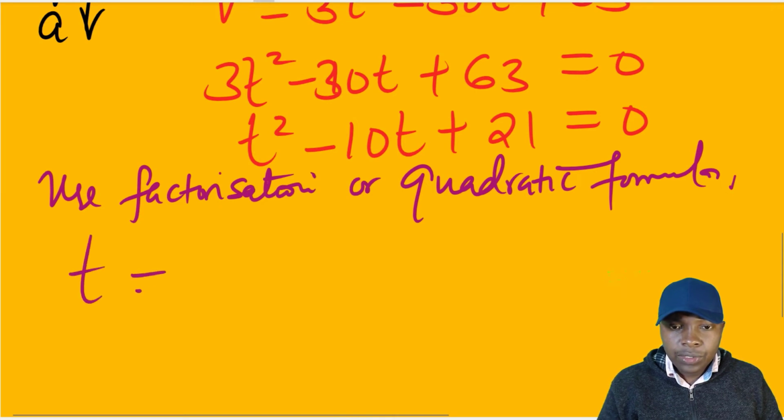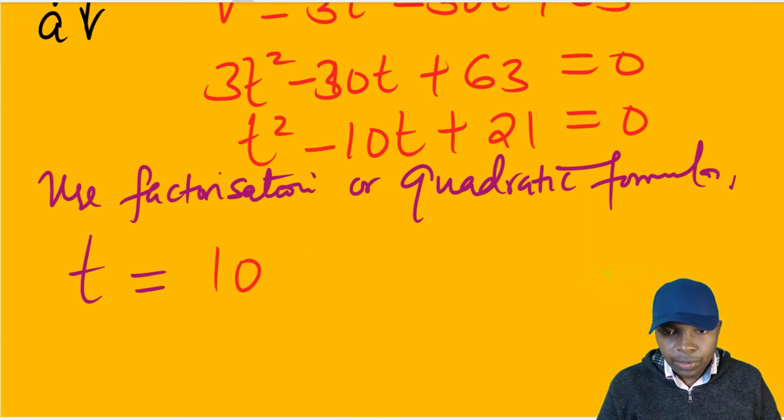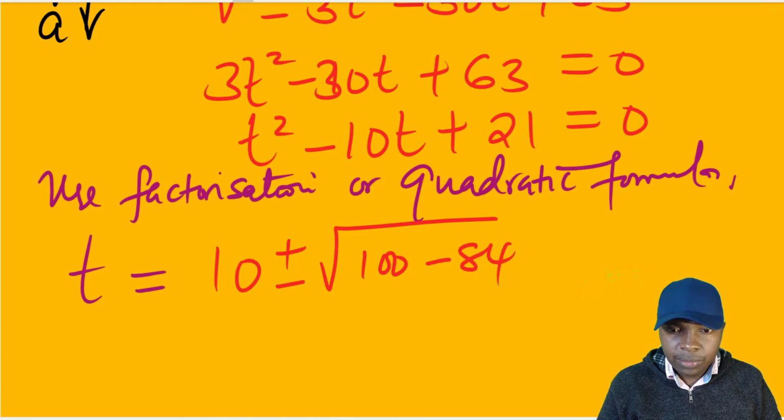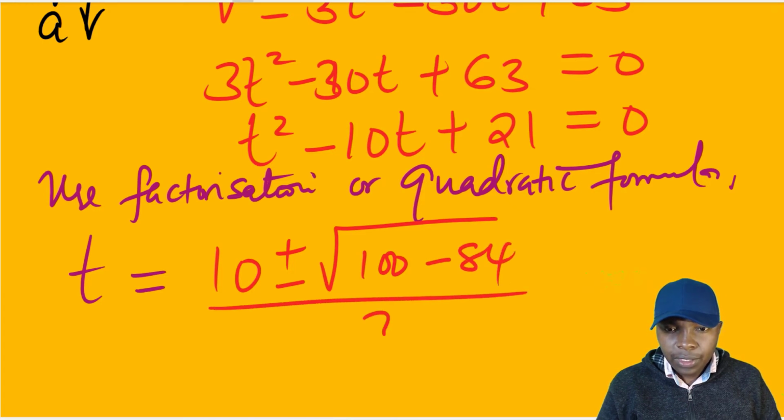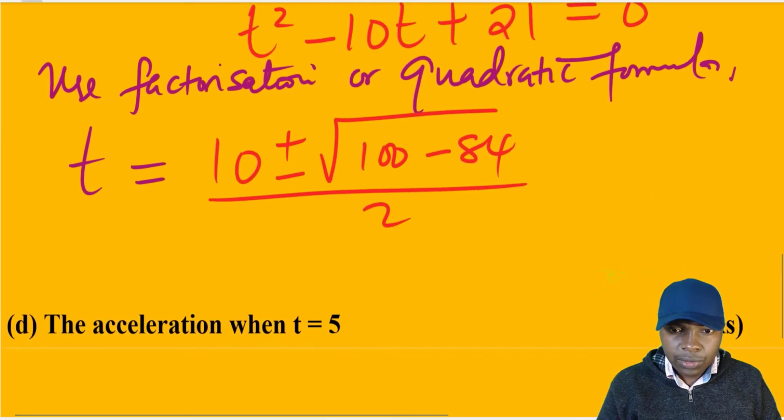So let me use the quadratic formula. t is given by negative b, which will be positive 10, plus or minus the square root of b squared, which is 100, minus 4 multiplied by a and c, which is 84, divided by 2 times a, where a is 1.